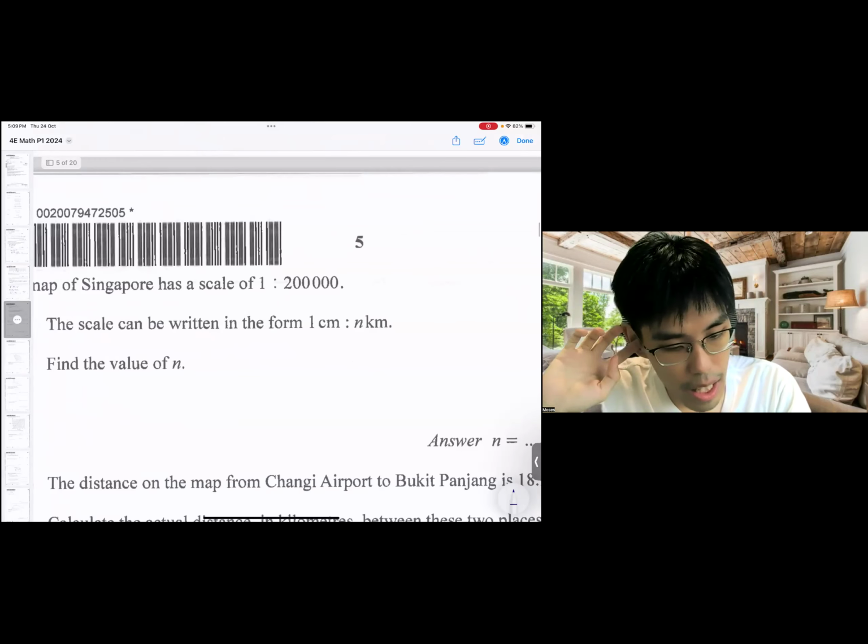And then for angle OBC, angle OBC is 180 minus 56, divided by 2. 124 divided by 2 is 62.